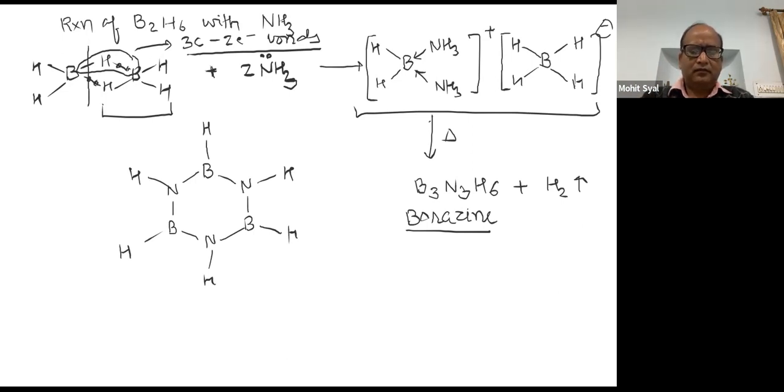In benzene, there are 6 carbon atoms forming a ring, and they have double bonds: double bond, single bond, double bond, single bond, 3 double bonds. Those double bonds, being neighbors to each other, join together, and the 6 pi electrons, because they are in a circular manner, have their electron density join together and form a ring.